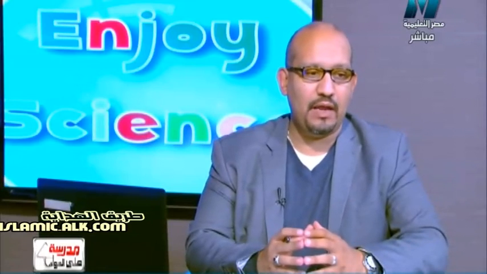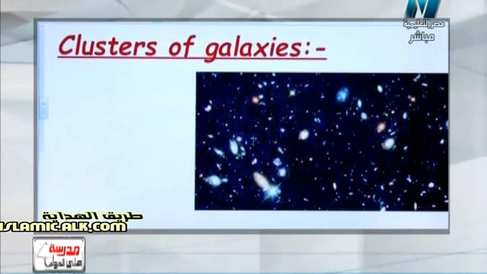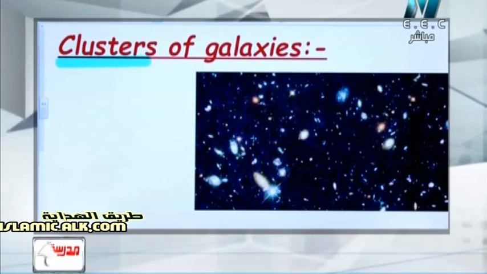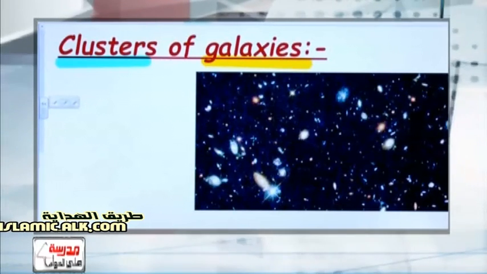So we have another component from the components of the universe, as we have cluster of galaxies. Cluster يعني معناها عنقود. Cluster of galaxies أو group of galaxies. So here we define what? We should differentiate between galaxies and the cluster of galaxies. So here on the monitor we have cluster of galaxies. What is meant by cluster of galaxies?